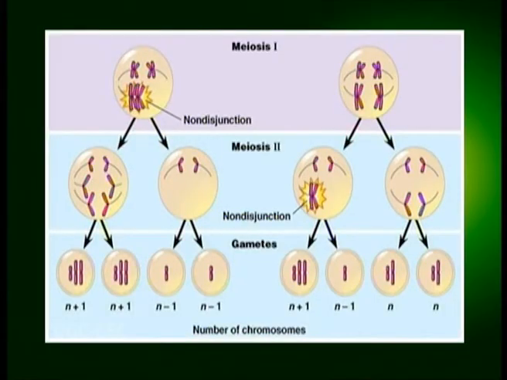During the production of germ cells like egg and sperm, the chromosome number will become half, 46 chromosomes will become 23 chromosomes. In normal cell division, the cell divides and the daughter cells will have 23 and 23.